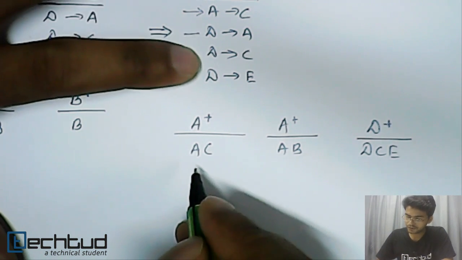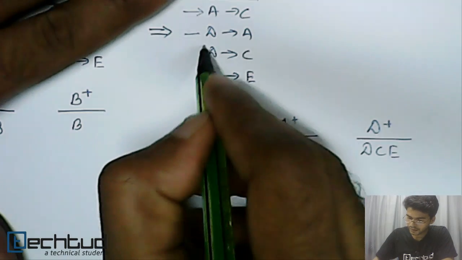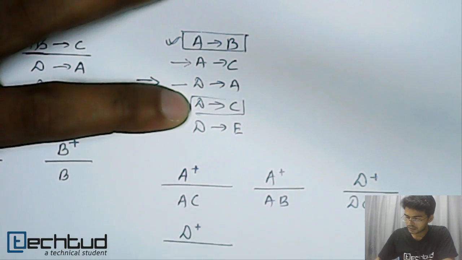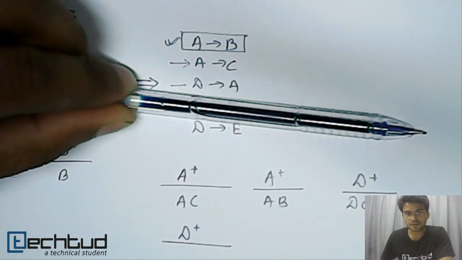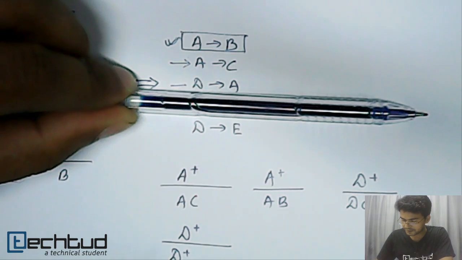Similarly we will check for D implies C, D plus. Now hide this functional dependency and check whether we can find out C. It will be D always from reflexivity.